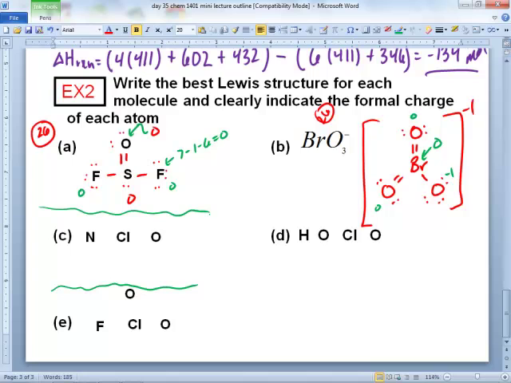If all the formal charges don't add up to be the overall charge, you screwed up somewhere. Should be working with 18 electrons.